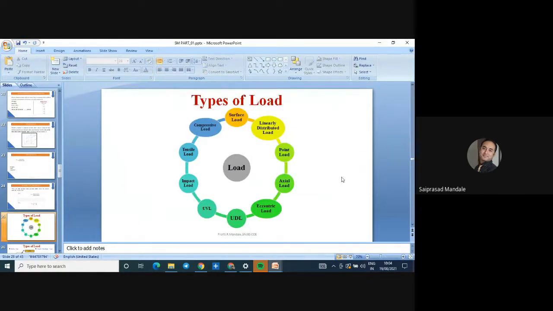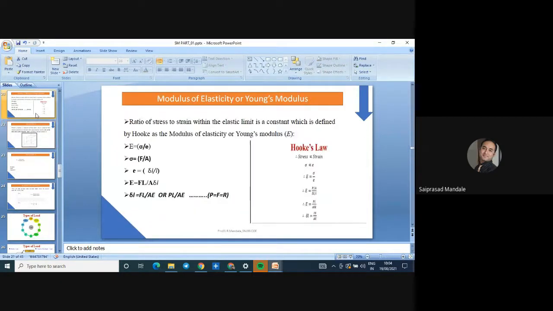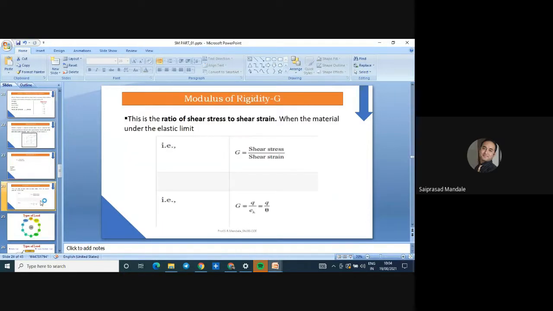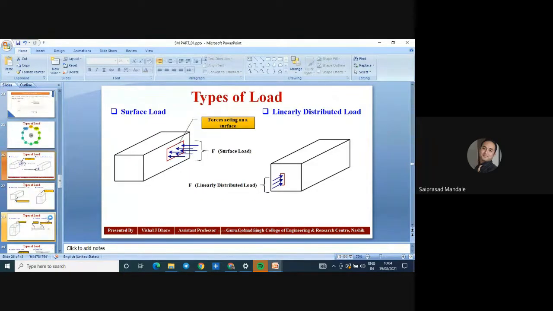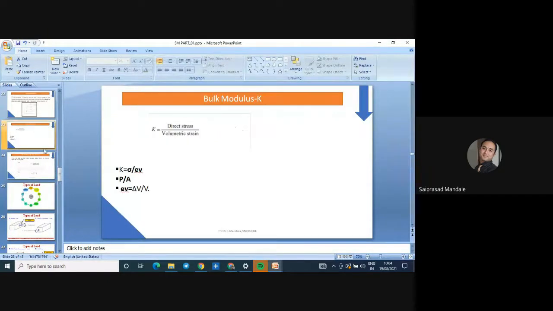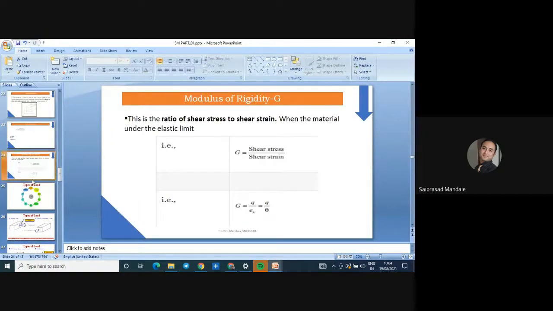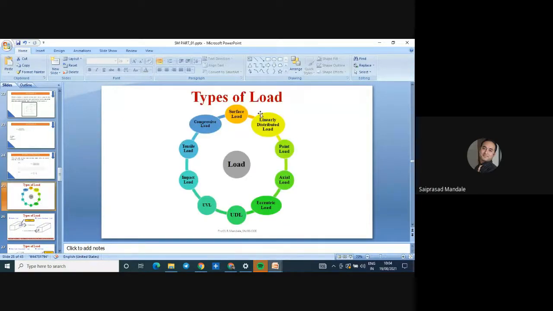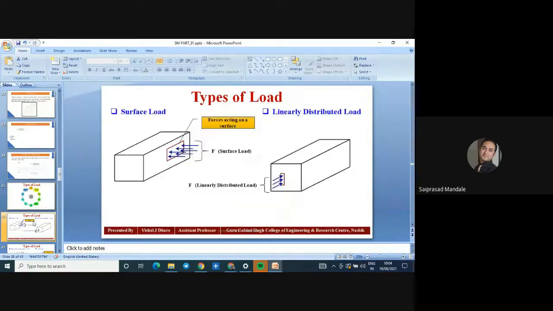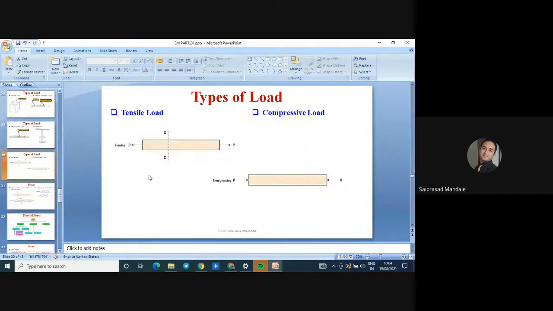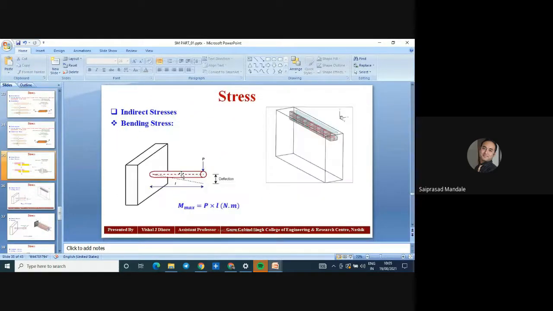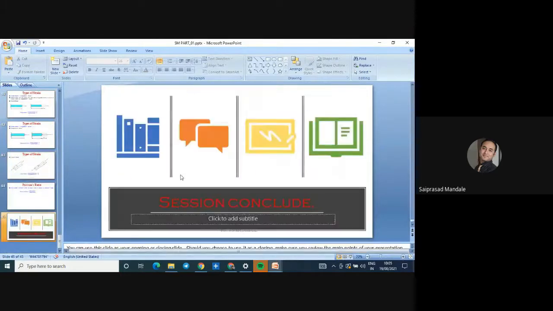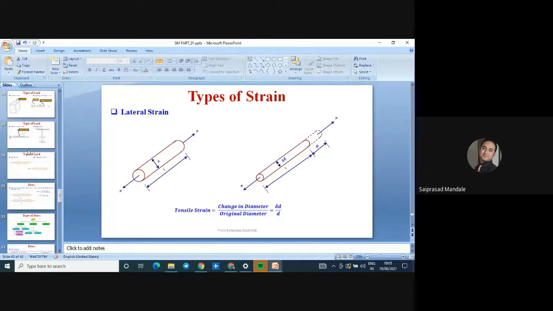Now, the next point is that there is an interrelationship between E, G and K. I missed that slide. The slide is missing from my end.